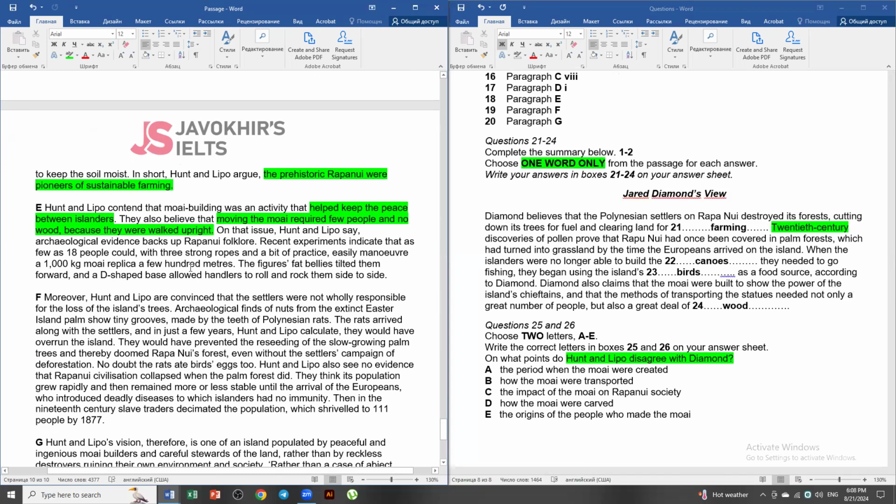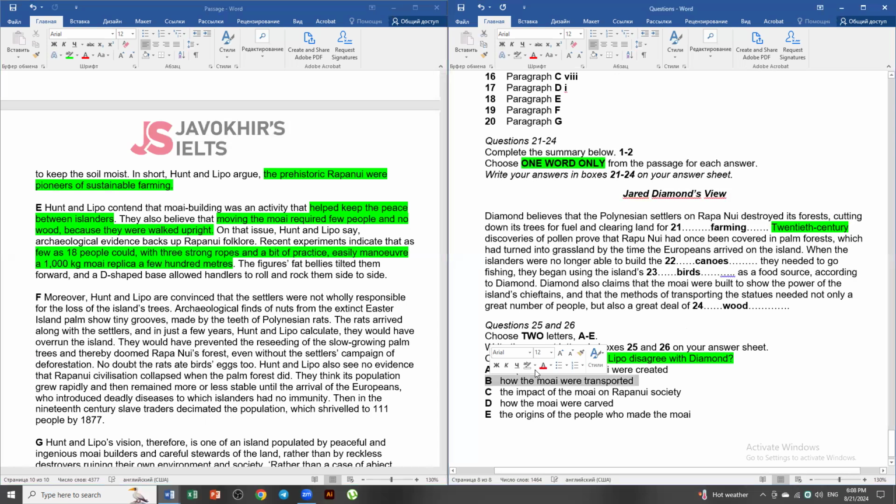Recent experiments indicate that as few as 18 people could, with strong ropes and a bit of practice, easily maneuver a 1,000 kilogram Moai replica a few hundred meters. So this is how it was transported. So this is the first one, and they help to keep the peace between the islanders.